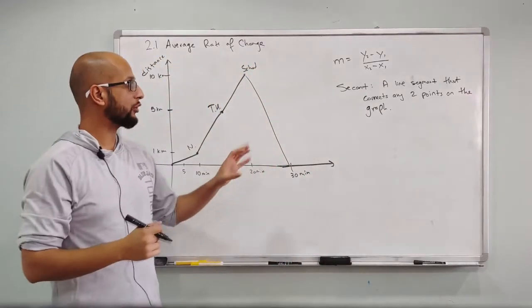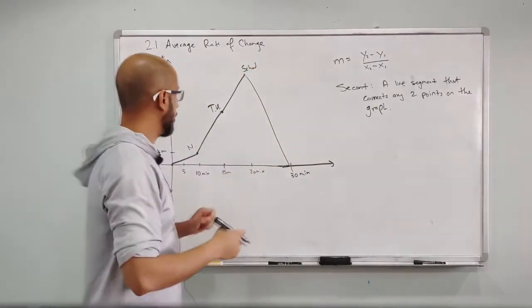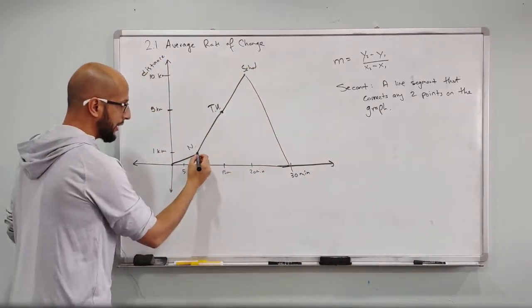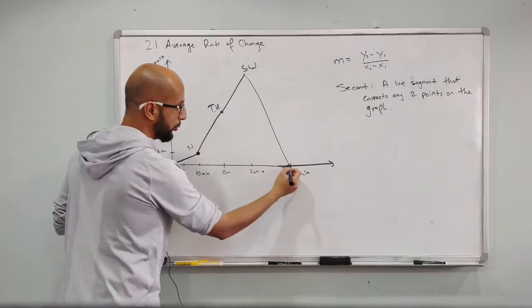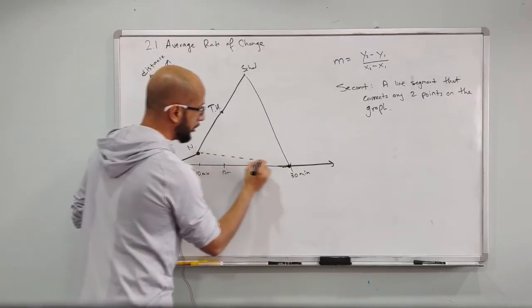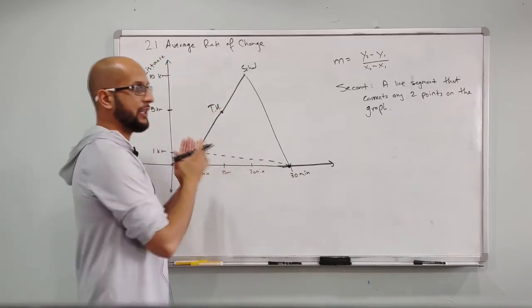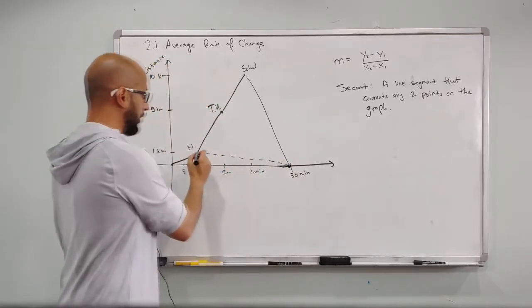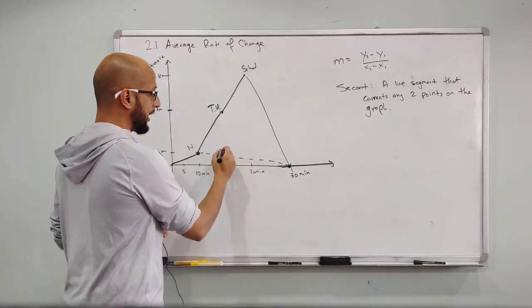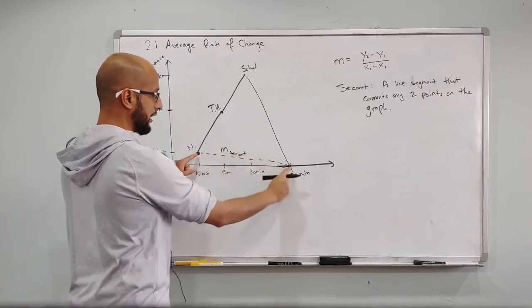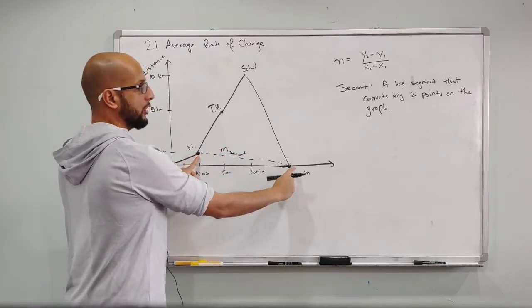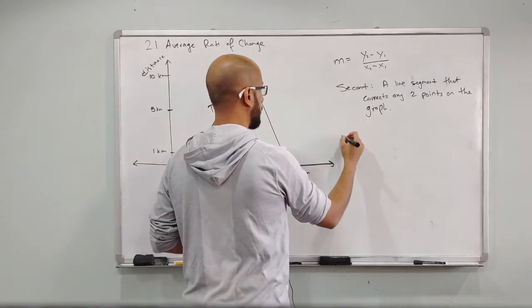Now, to find the average rate of change from, let's say, the time I get to my nephew's until I get home, what is my average rate of change? What's my average speed throughout the whole day? Well, to find that, I'd have to find the slope of this secant. This secant that's been drawn from my nephew's till home is what I would have to use.